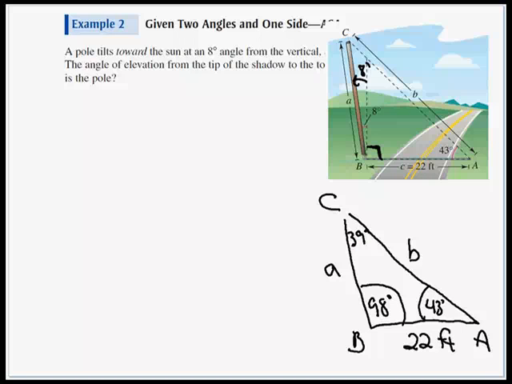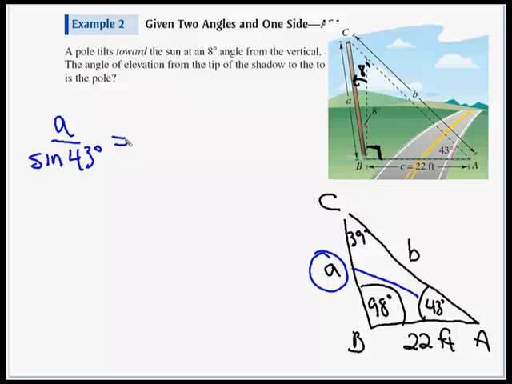So let's start to set up our proportion. We could set up the entire thing, all three of our fractions, but here we don't need to solve for everything. So start with what you want to solve for. A is the length of the telephone pole. Across from it is its angle. So we're going to start with A over the sine of 43.